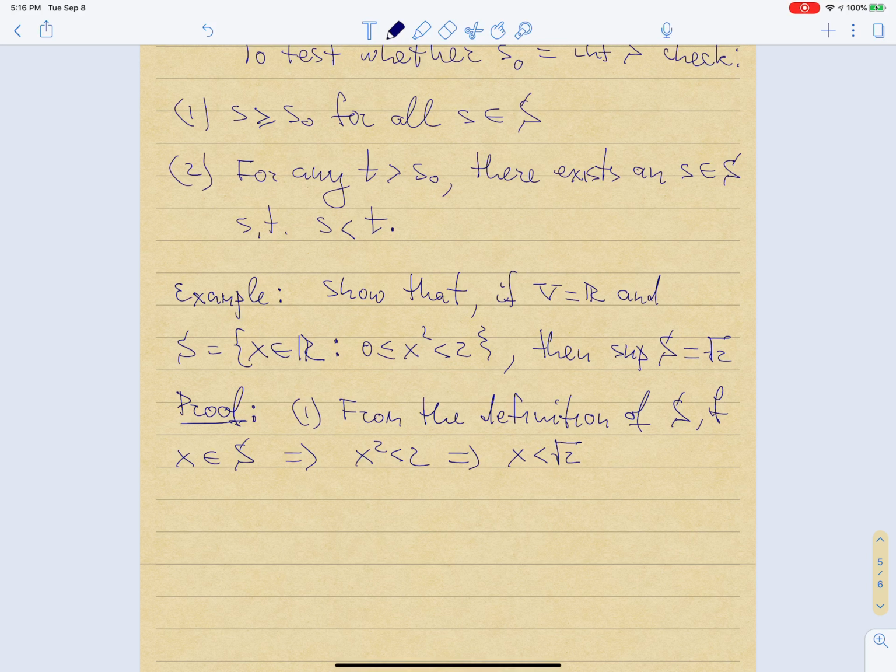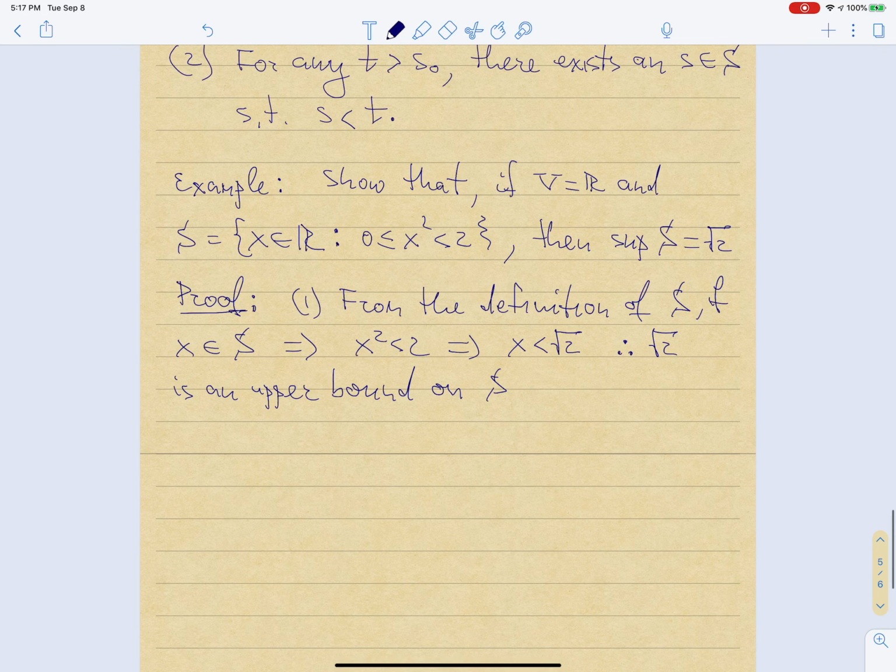Right, so therefore, condition 1, that all elements of my set must be less than or equal to square root of 2, is satisfied. So the conclusion that I can draw from this is that square root of 2 is an upper bound on S.